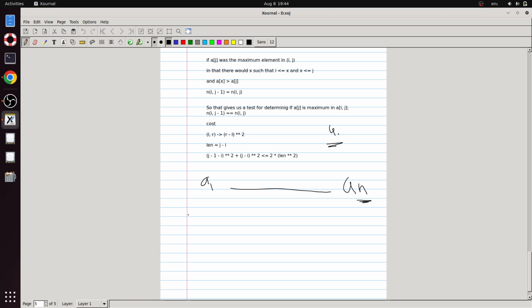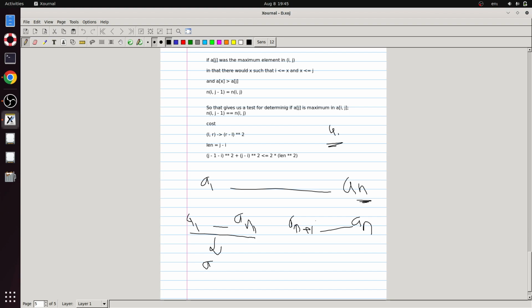Otherwise you are going to divide your array into two subparts, a1 all the way up till a of m and a of m plus 1 all the way up till a of n. Then you will use some algorithm to find the maximum in the first subarray.